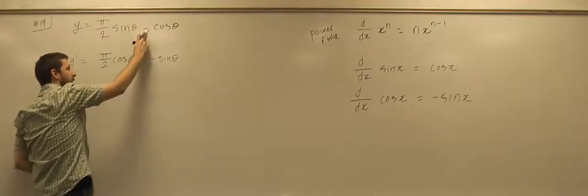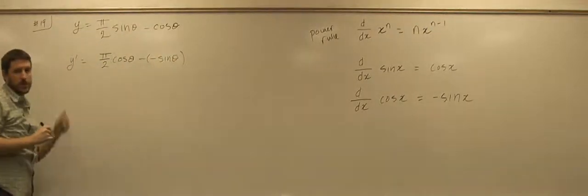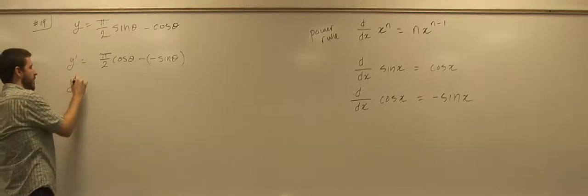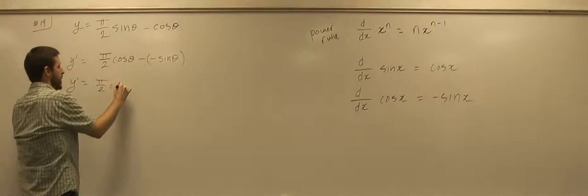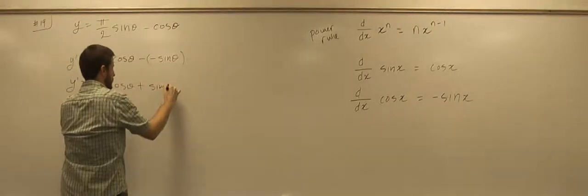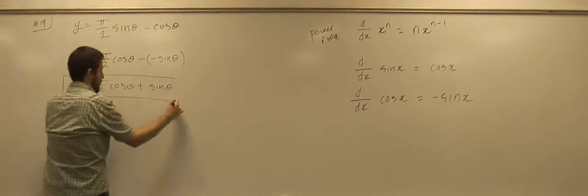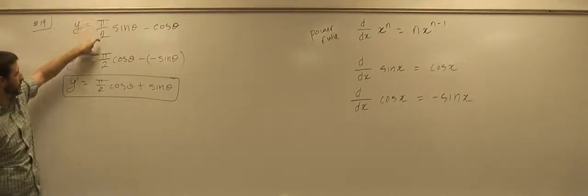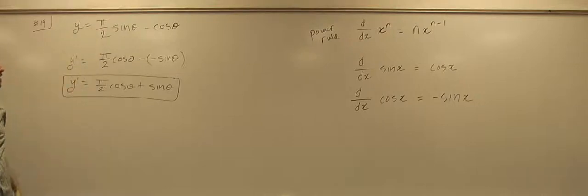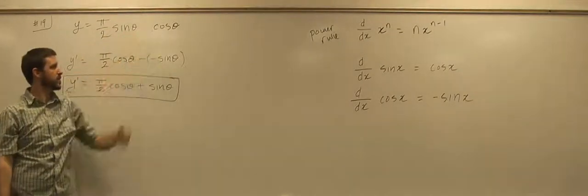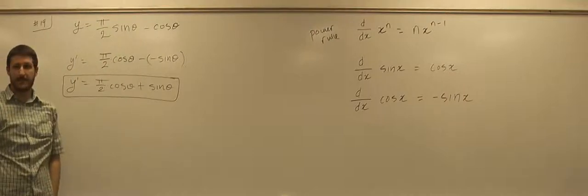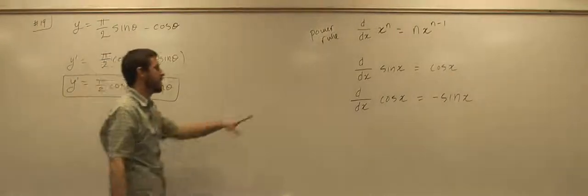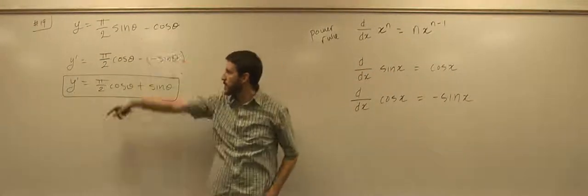But there was already a negative, so it looks like this. Altogether you'll get y prime equals pi over 2 cos theta plus sine theta. The multiple out front just follows all the way down, and then you do the derivative of the function separately. That's all there was to it. You had to know these, and that the constant multiple follows.